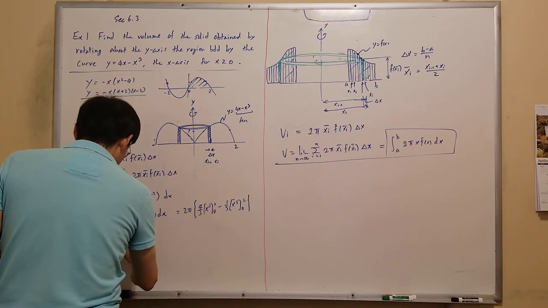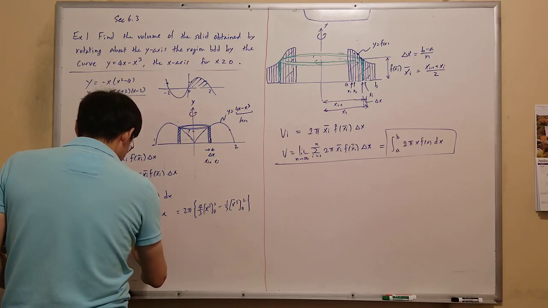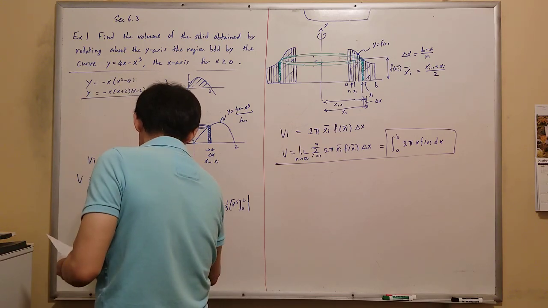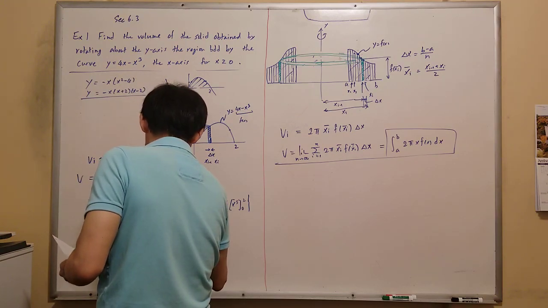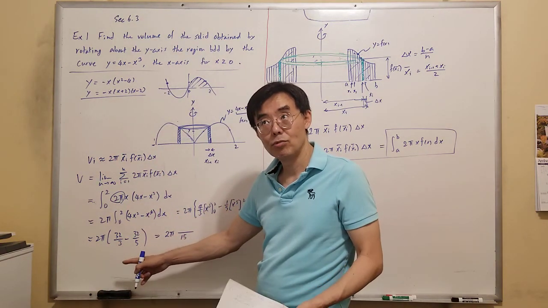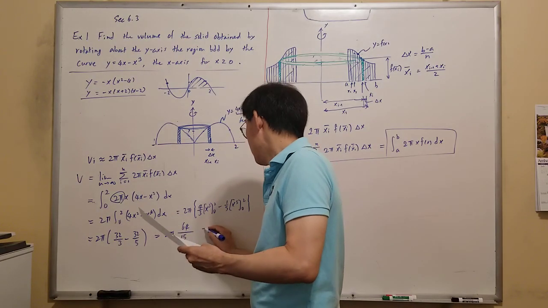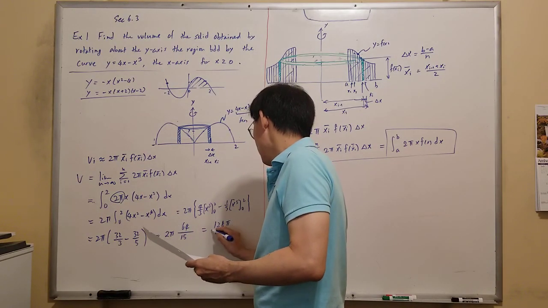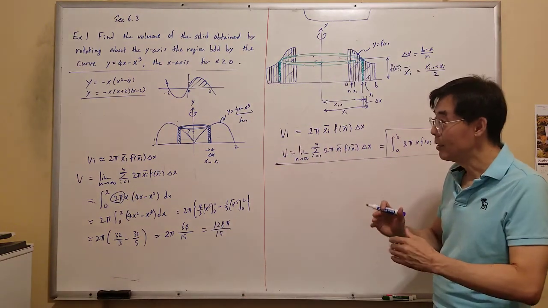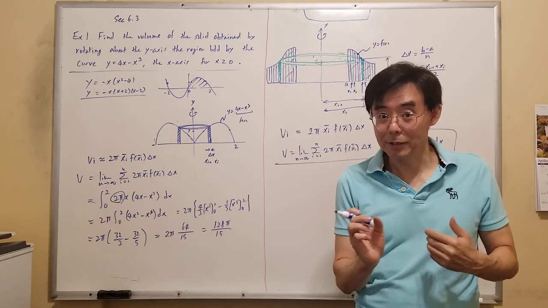So 32 over 3 minus 32 over 5. Okay? It's going to be 2 pi over 15: 5 times 32 minus 3 times 32. So 5 minus 3, 2 times 32, 64. So 128 pi over 15. Okay? Cylinder shell: 2 pi r h delta x, delta r. Alright?